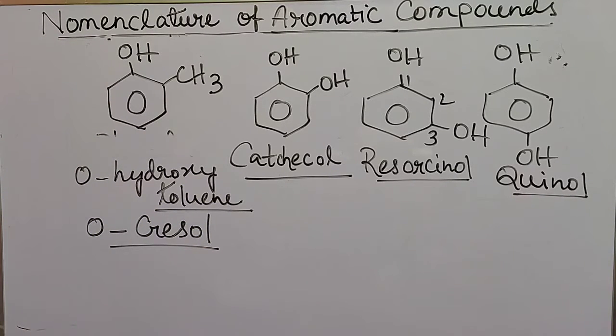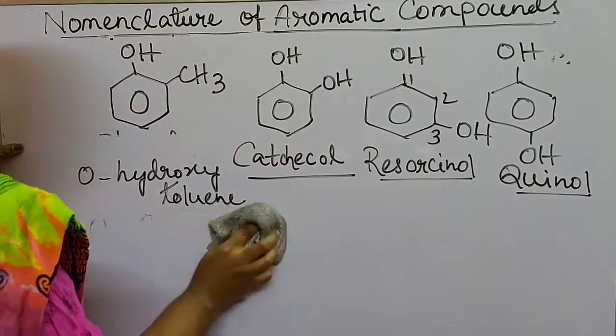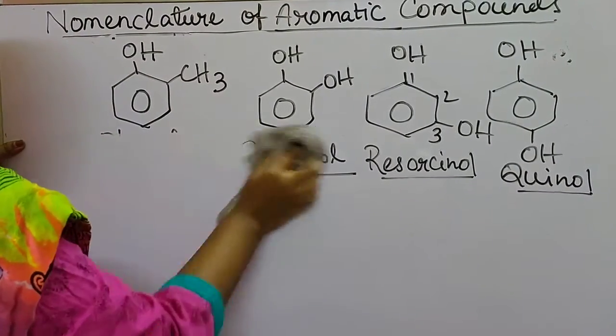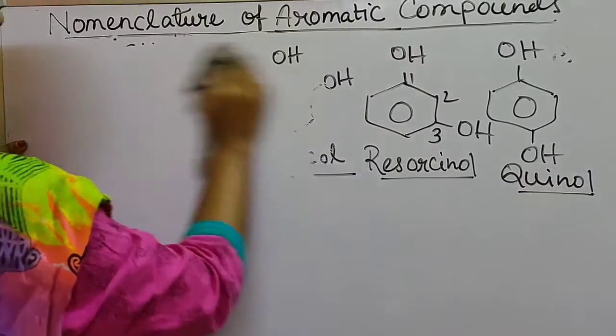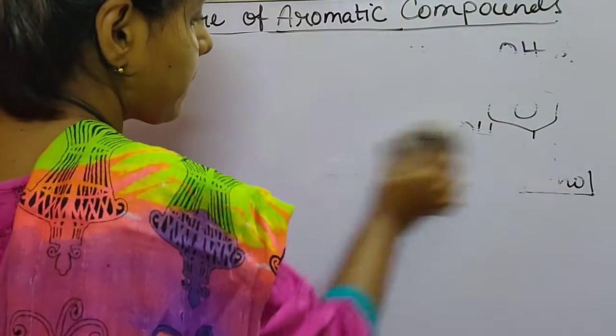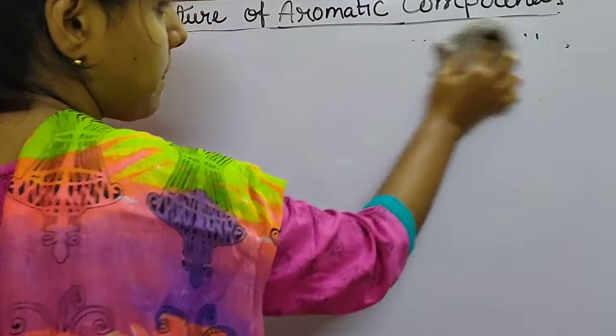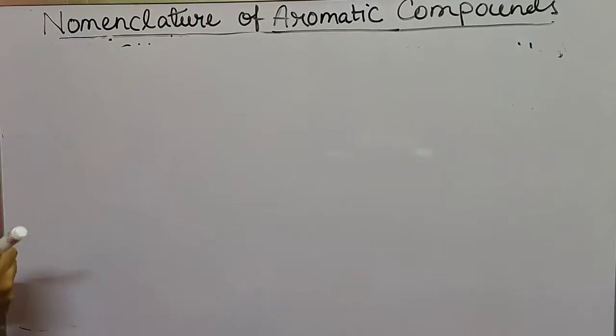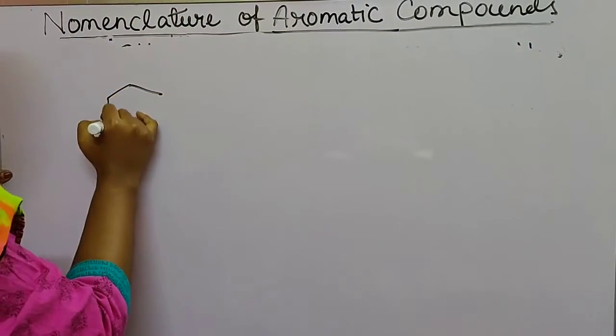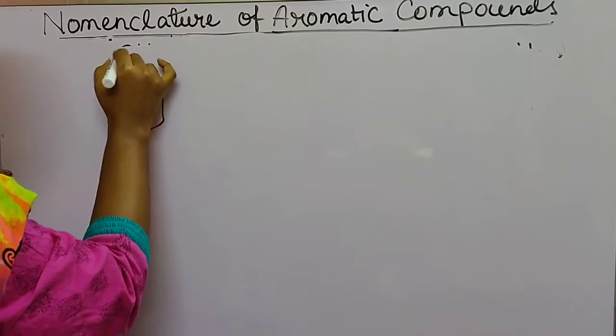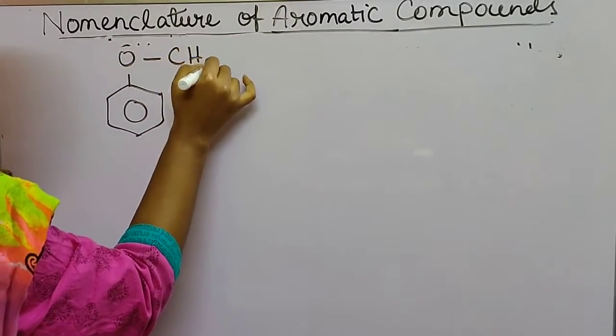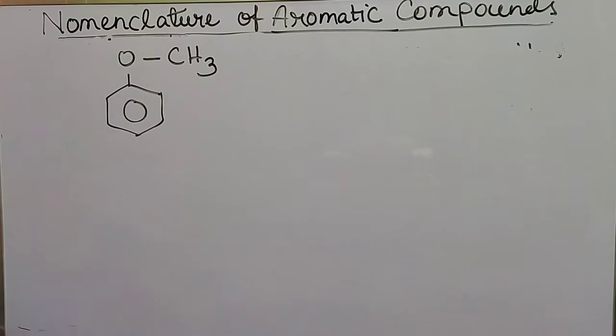Okay. Next, these are all hydroxy derivatives having OH. Next is ether type compound or ether type bonding. Just like if one benzene ring is having an OCH3 group, then it could be known as methoxybenzene.